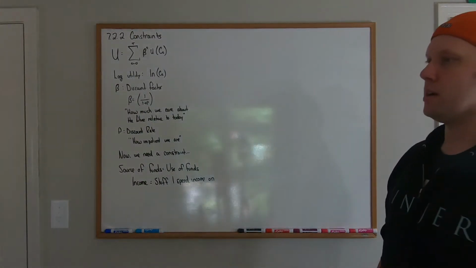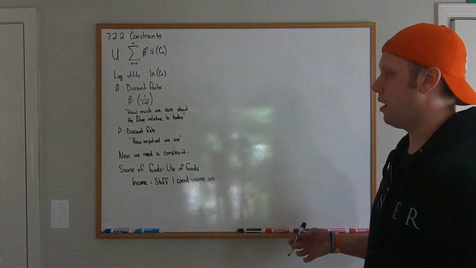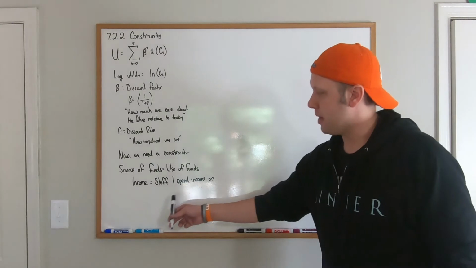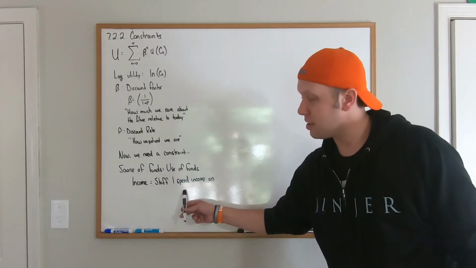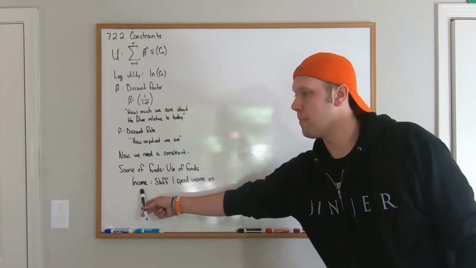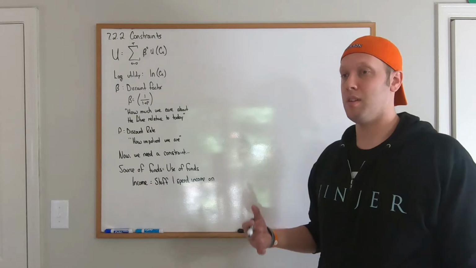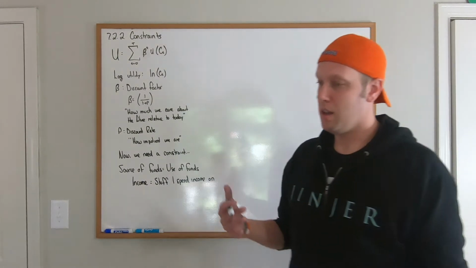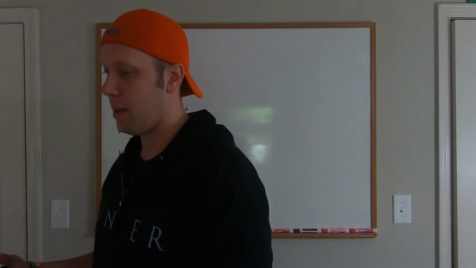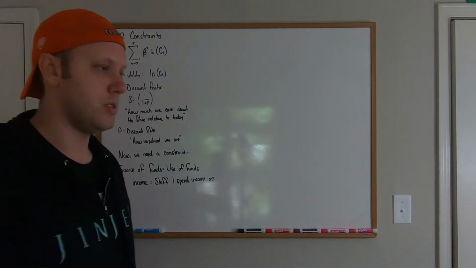Because when we see what the constraint's going to be, it's going to be a little bit easier to follow when talking about this stuff I spend income on and how I could actually theoretically spend more than what I'm earning. Because, well, I don't want to keep you confused for a while, so I'll just totally ruin the end of the movie for you, like an M. Night Shyamalan twist type thing. Surprise, surprise, Bruce Willis is dead the entire time.